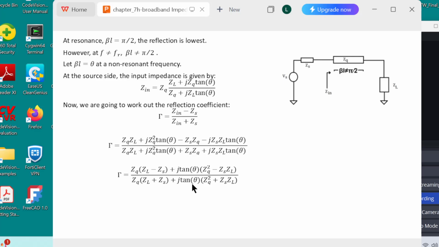This is what we get. After some simplification, you will get a very clean formula where you have at the bottom ZL plus ZS plus j2 times tangent theta times the characteristic impedance of the quarter wave transformer.